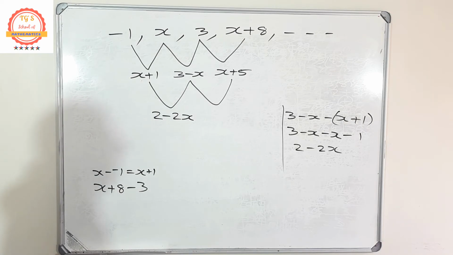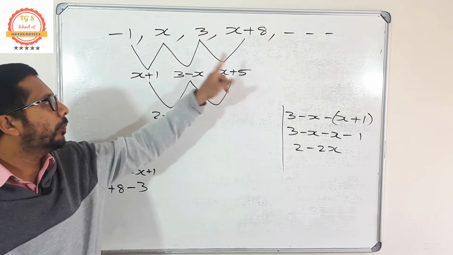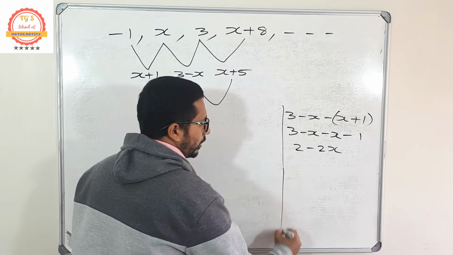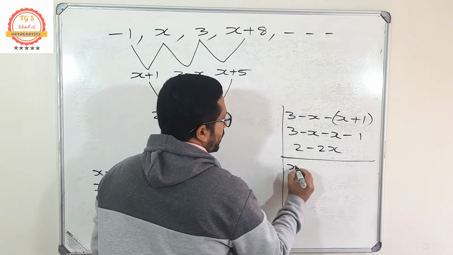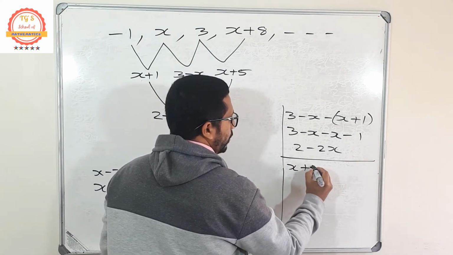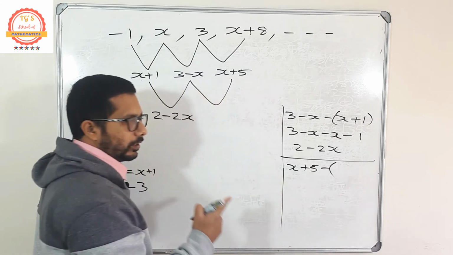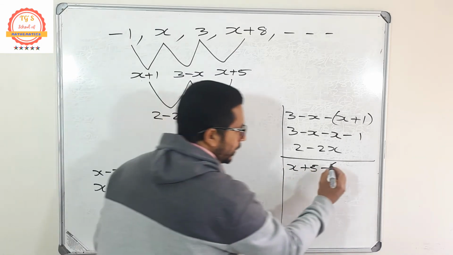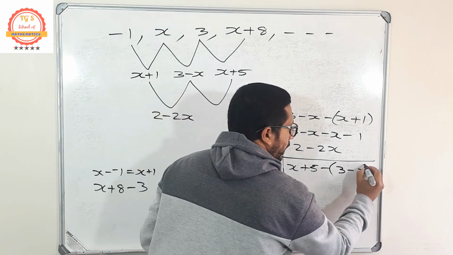Similarly, we have to find x plus 5 minus 3 minus x. So let's try to find that one. x plus 5 minus, I opened a bracket because that minus is common for both of these, 3 minus x.